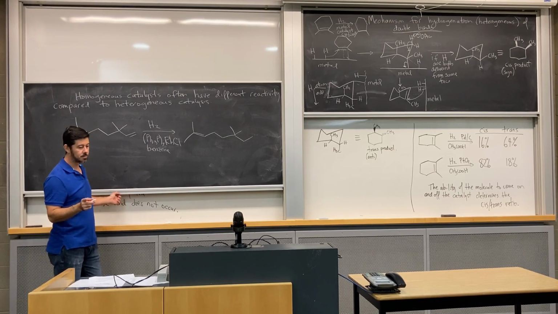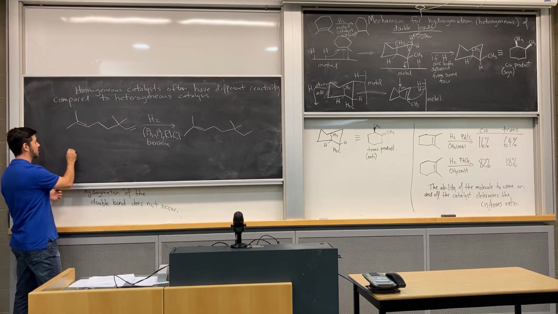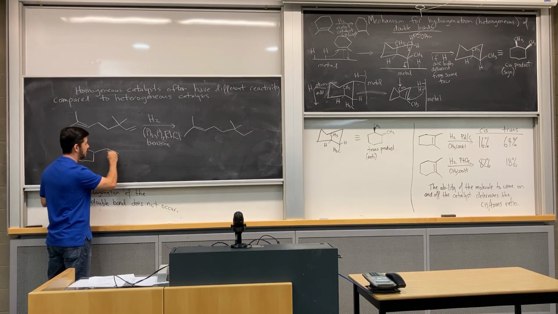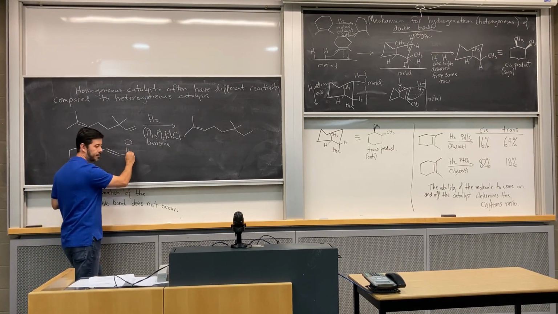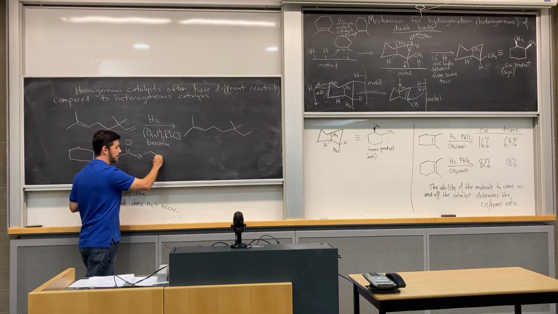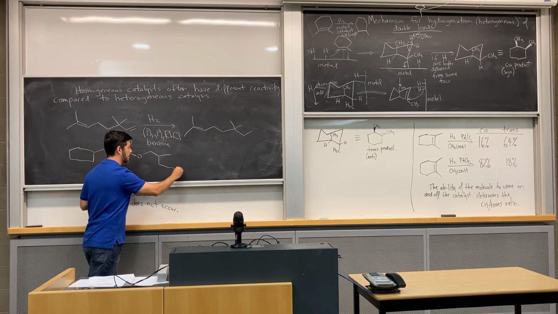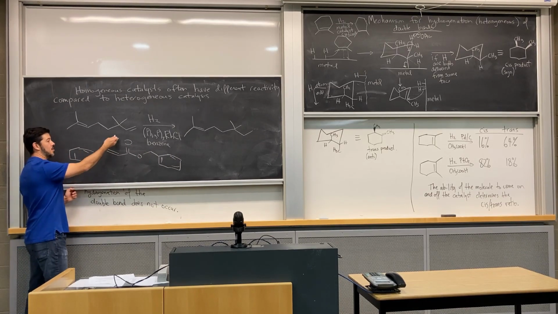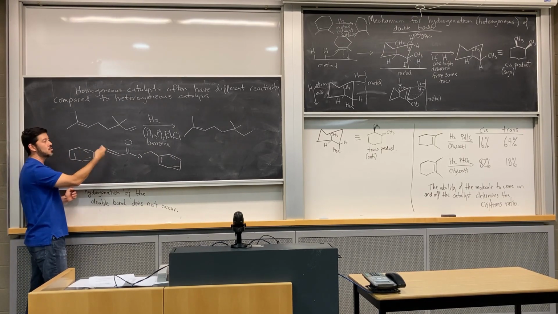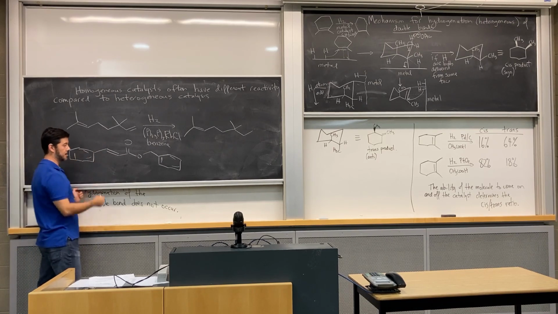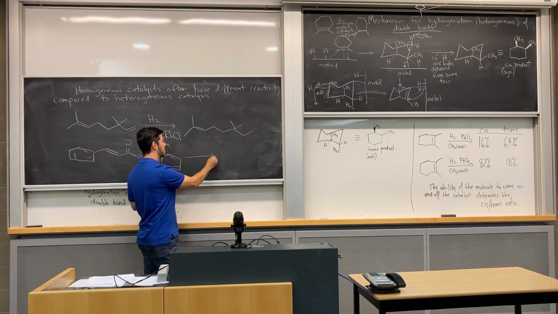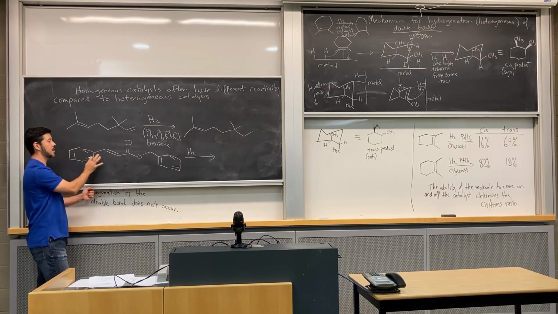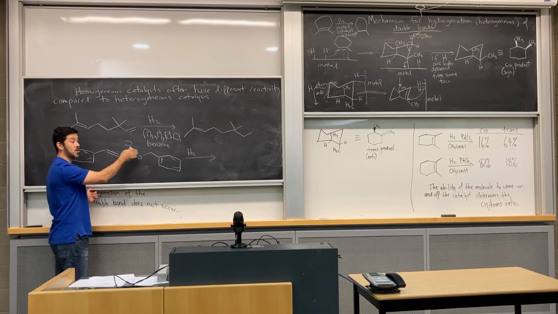Another example that I'll put out here is this, where you have an ester and of course aromatic rings, and you have this double bond here. Using a homogeneous catalyst identical to the one shown, you can actually selectively reduce just this double bond, not touch the aromatic rings, not touch the ester.